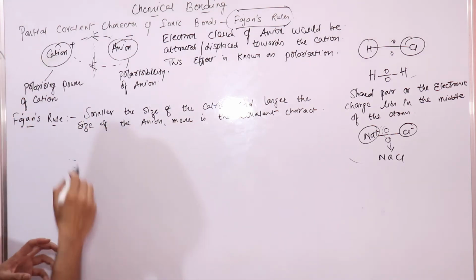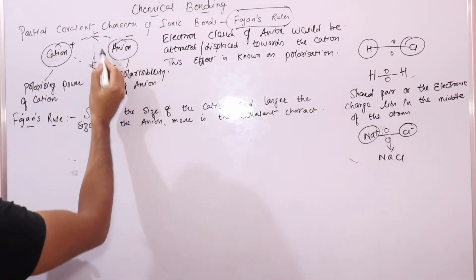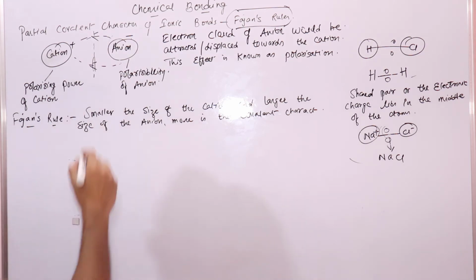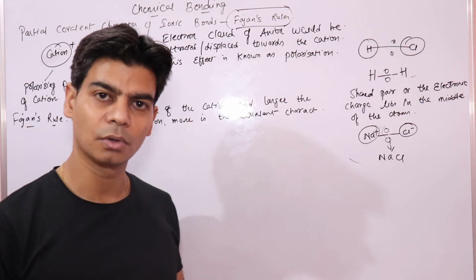What it means is, smaller is the cation, more would be the distortion, or bigger is the anion, more is the distortion of the electron cloud.